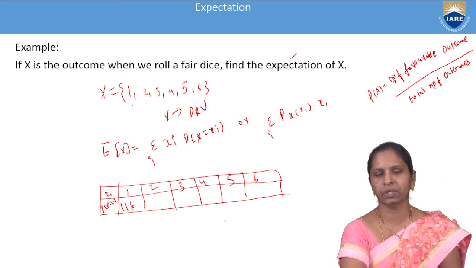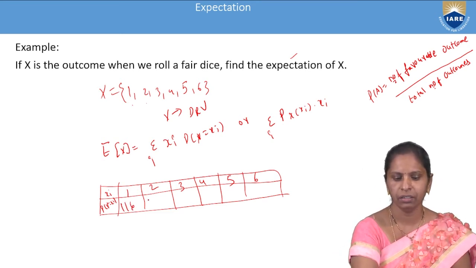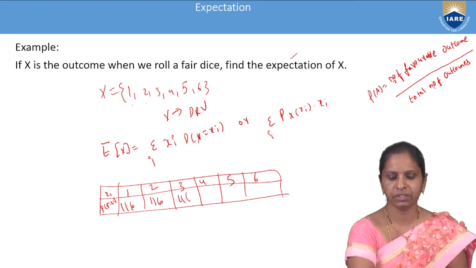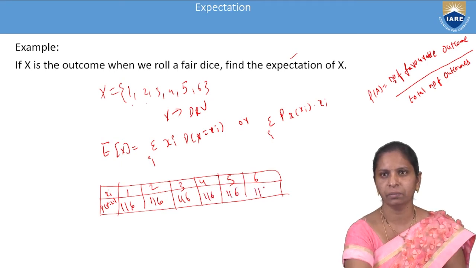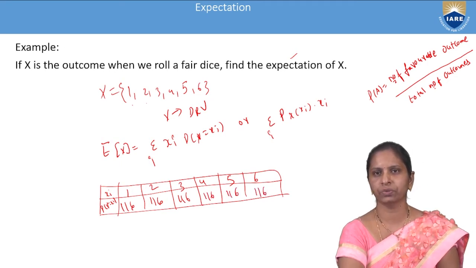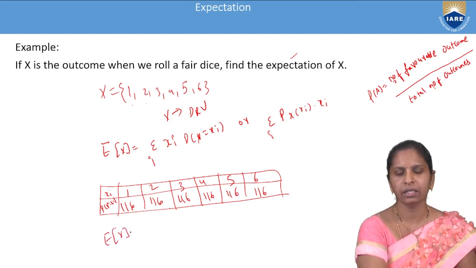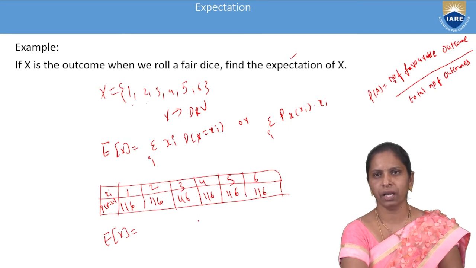Similarly, getting a number 2 when you roll a die is also 1 by 6. All are having equal probability. Similarly for 3 and 4, getting a number 5 and getting a number 6 on the die, these are the corresponding probabilities. Let us calculate the average or expectation of this random variable x.